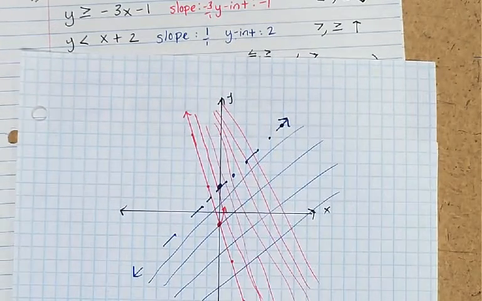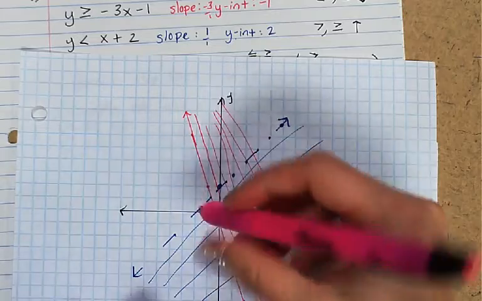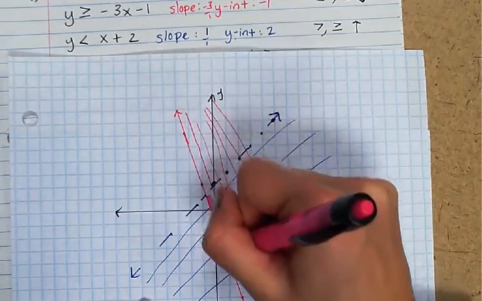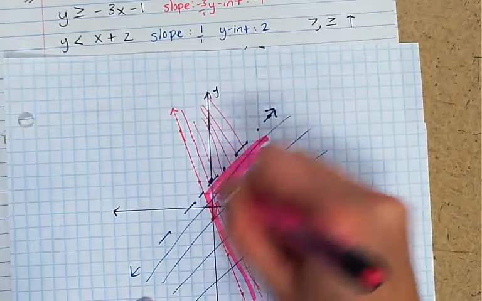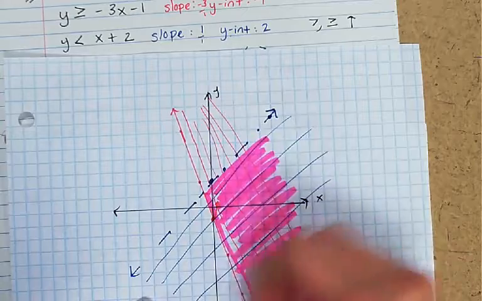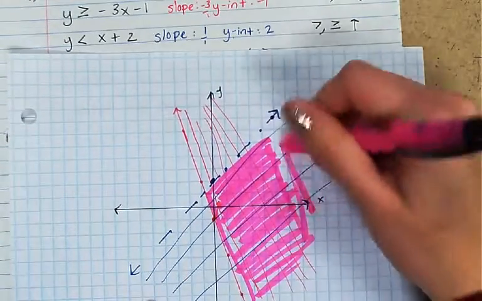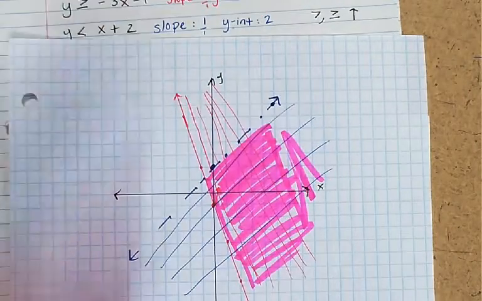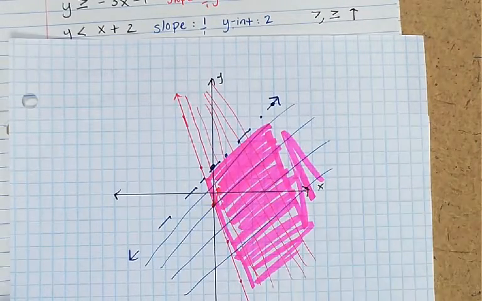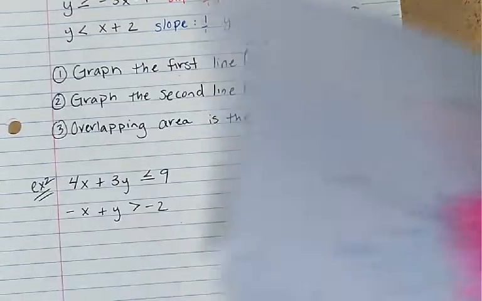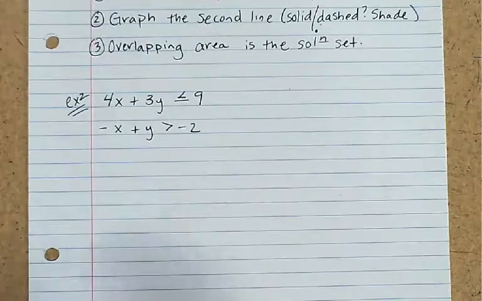And your solution set is where you have the overlapping pink and blue. So here's where the solution set is. All of this. And that goes on forever and into a triangle-ish shape. Okay, so one more really quickly.